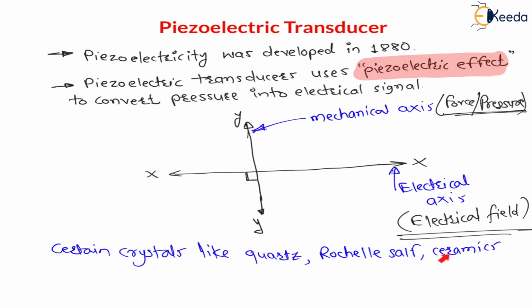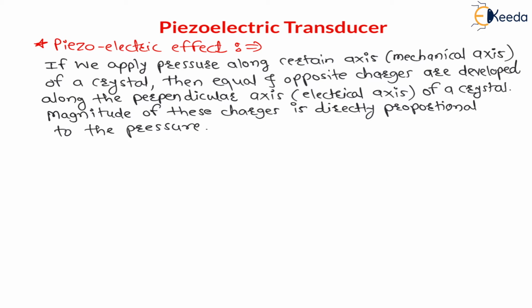These are certain crystals or materials which exhibit the piezoelectric effect, and the piezoelectric effect is nothing but when force or pressure is applied along the mechanical axis, then perpendicular to this axis there will be a generation of electric field. So let us write down the piezoelectric effect.